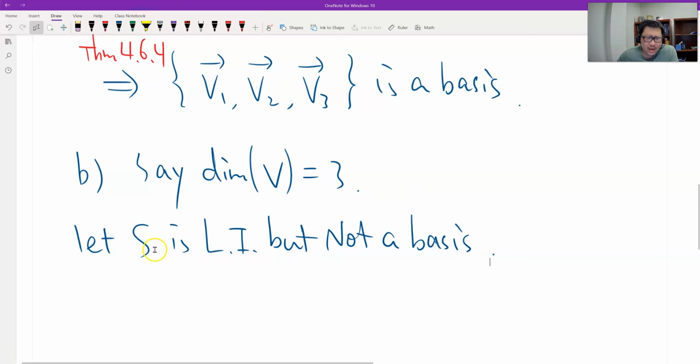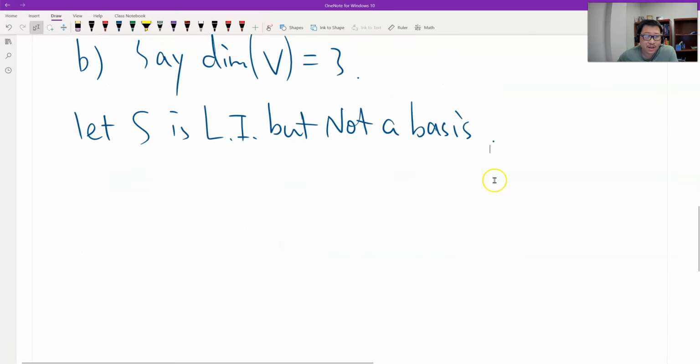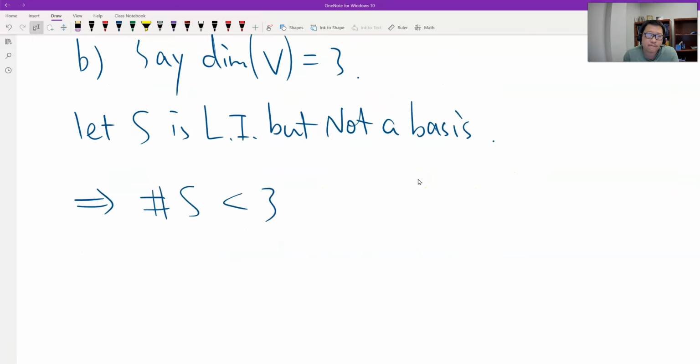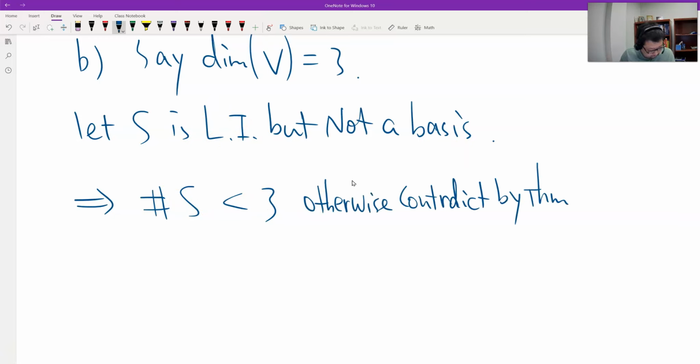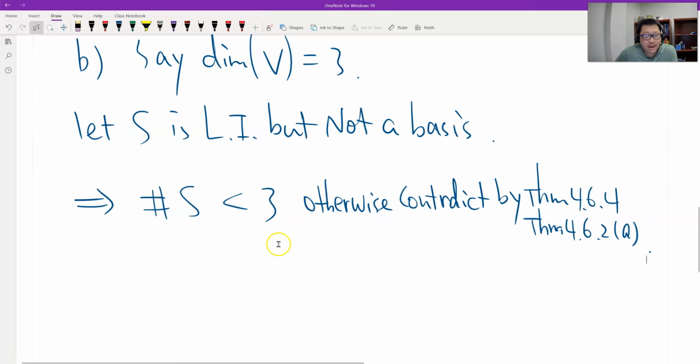So how do we show S has fewer than 3 vectors? We can think about this. If the number in S is equal to 3, it's impossible, because it should be a basis. If it is greater than 3, it should be linearly dependent, so that contradicts. Otherwise, it contradicts the previous results.